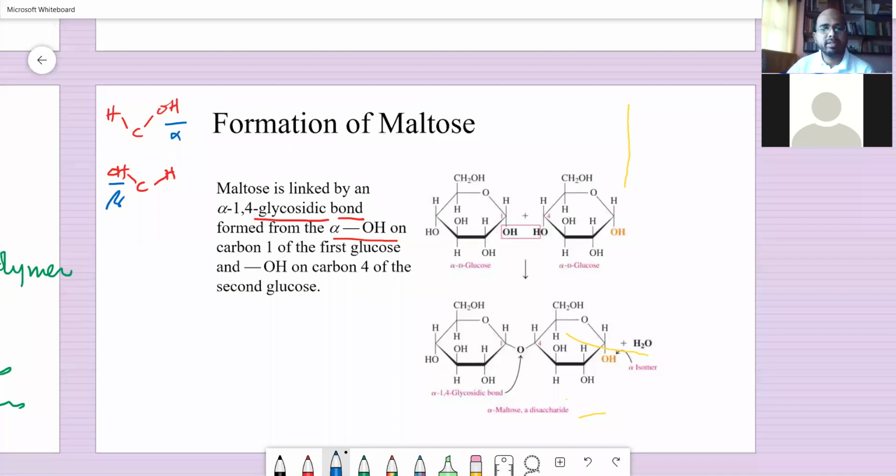So this is by means of alpha OH on the carbon 1 of the first glucose and OH on the carbon 4 of the second glucose. First glucose and second glucose.